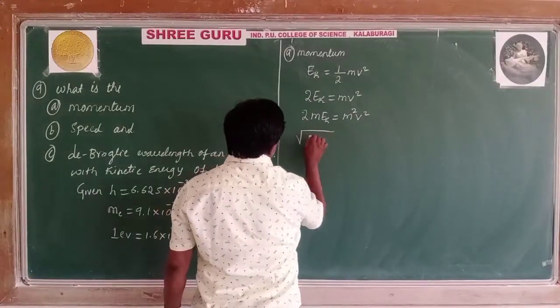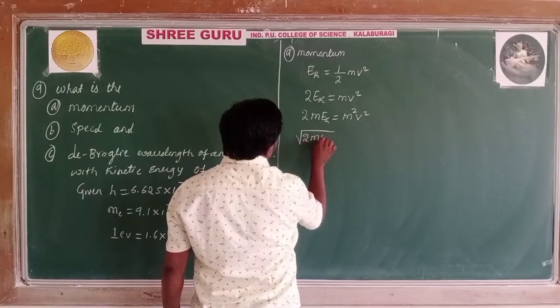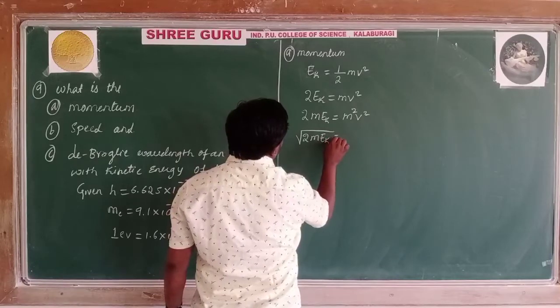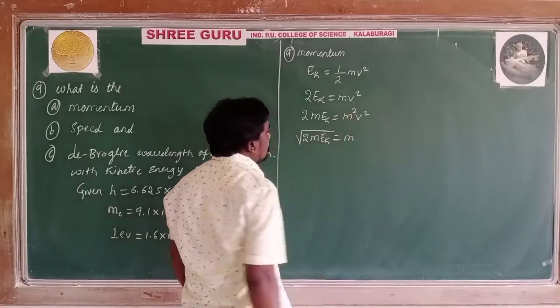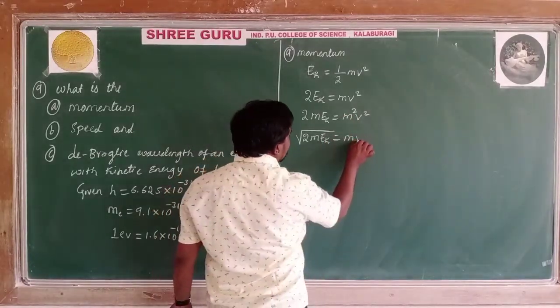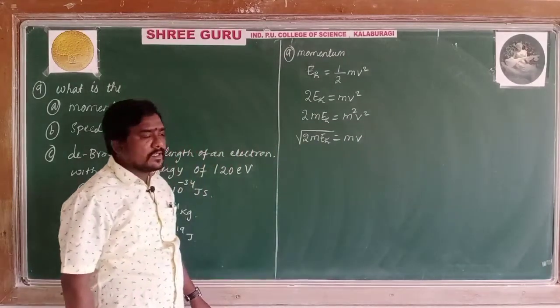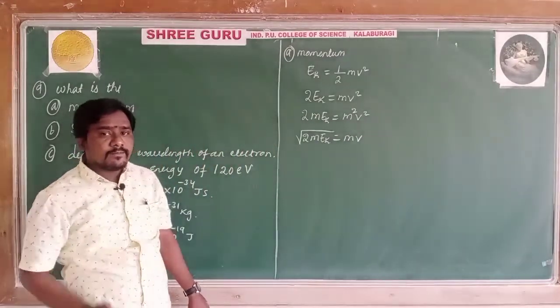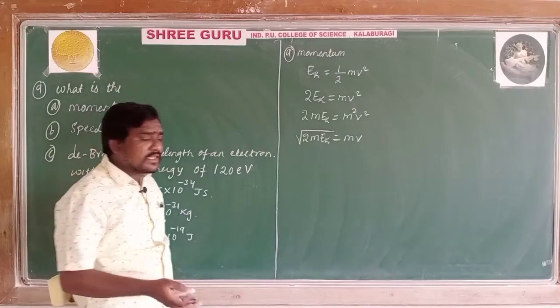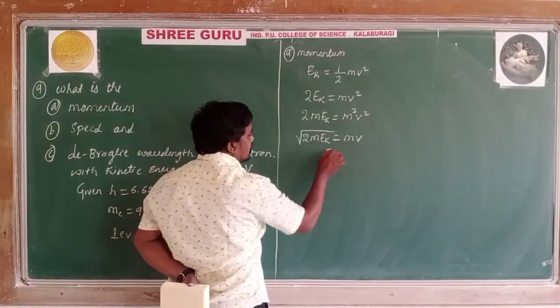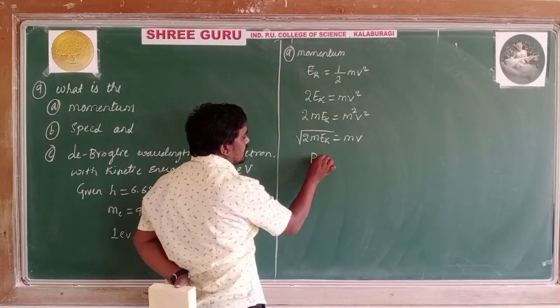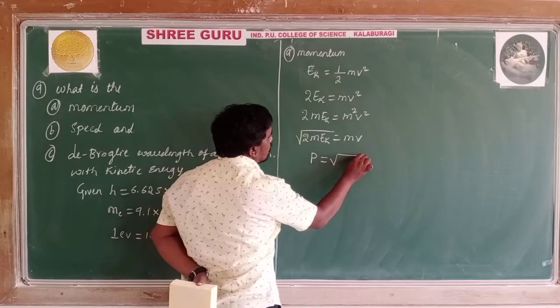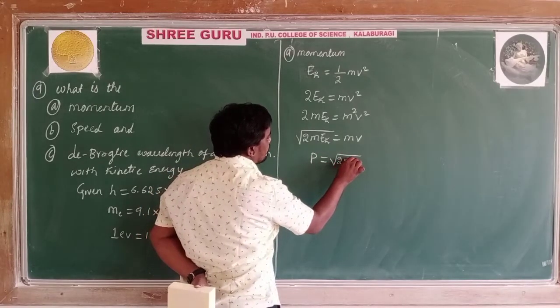The square root of 2mEK, and the squares get cancelled, so it becomes mv. What is mv? Mass into velocity is nothing but momentum, that is P, which is equal to under root of 2mEK.